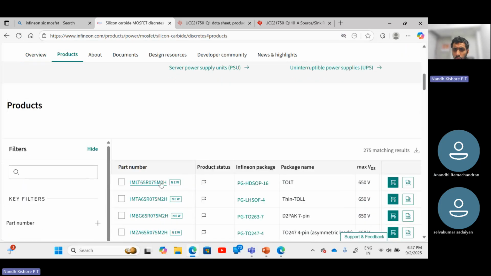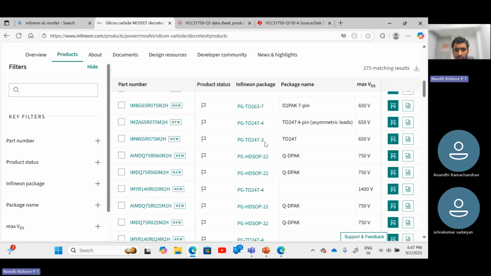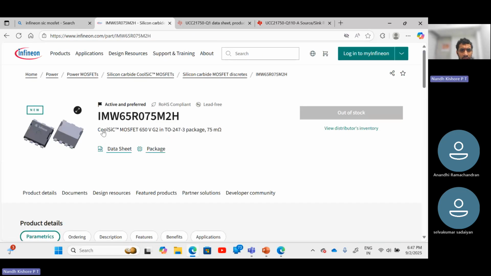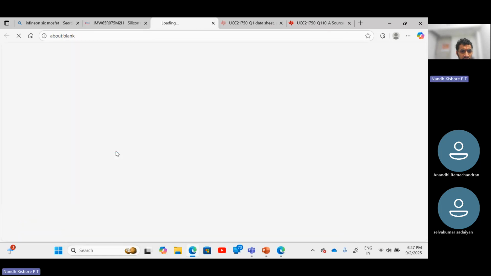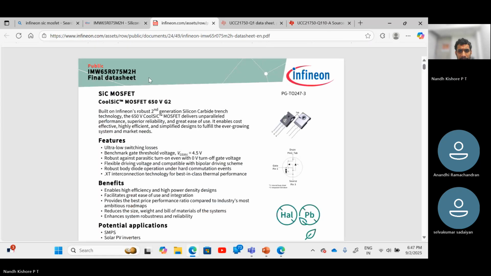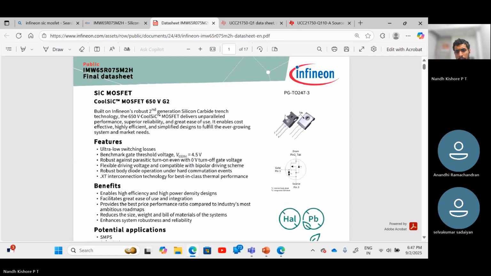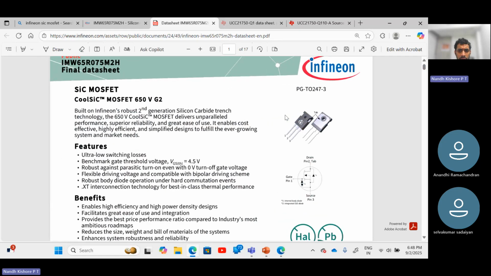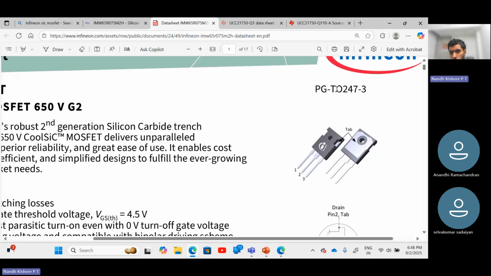So let me take this particular MOSFET, right? It's rated for 650 volts VDS. So we go over here, and this is the package of the MOSFET, and let's go to the data sheet. Just for your information, this particular value TO247 is the name of this package.